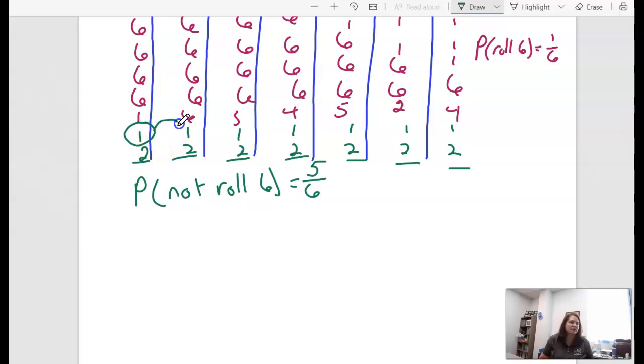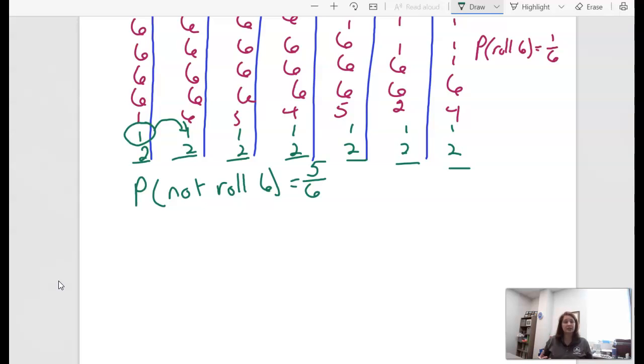Is that going to indicate what I have to roll on the second time? In other words, is that going to change what happens on that second time? No, these are independent events. Take a die, roll it. Whatever I get on that first time, it's not going to influence what happens on that second roll.